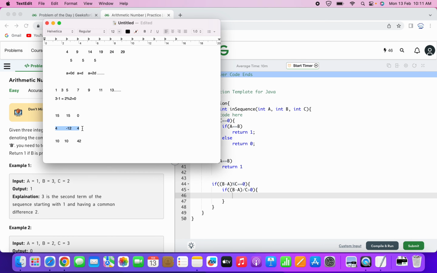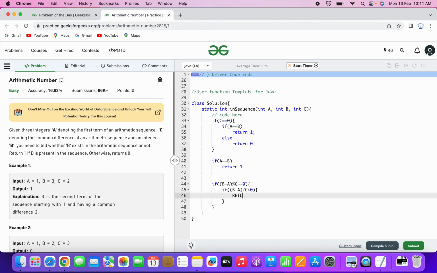That means minus 8 by 4, it will be minus 2. So here we don't have to take that scenario. We have to check that after dividing that number B minus A by C, it has to be greater than 0, not less than 0. In this case, it is less than 0. So here we have to check if it is greater than 0, then we will return 1, else return 0.